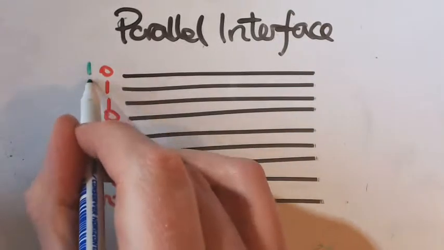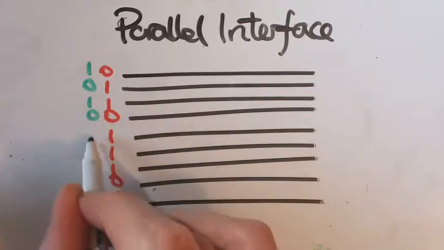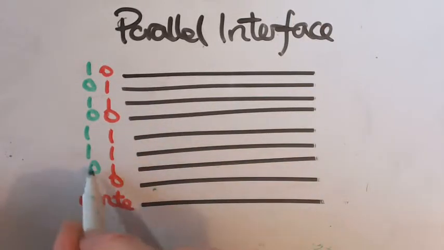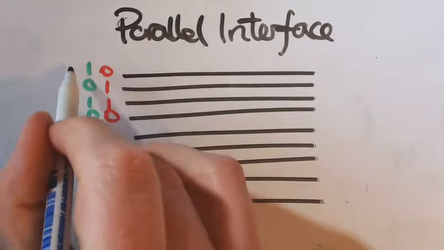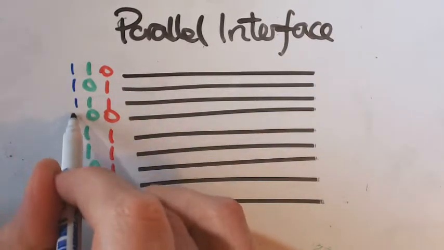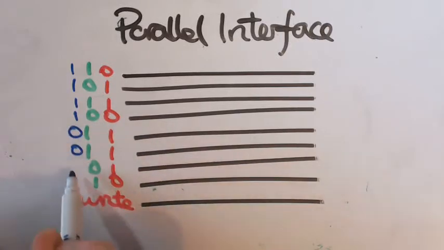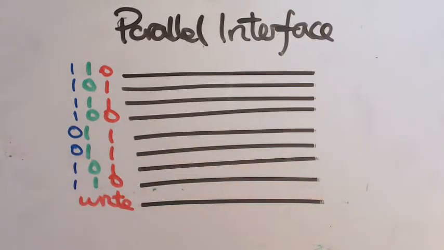I'm just randomly choosing 8 bits. And behind that there's another 8 bits. So obviously with this method you can actually send 8 bits at a time, or a byte, and you can actually have more than 8 lines.